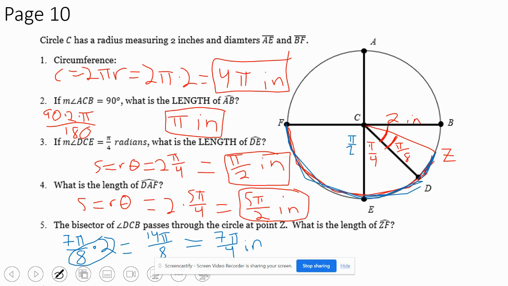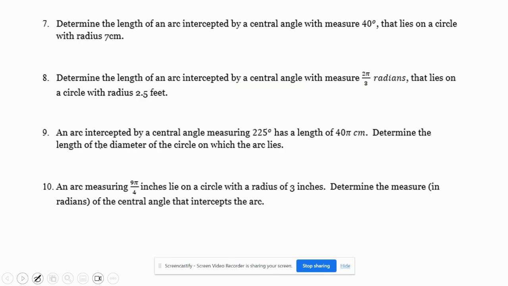Okay. So we're going to go on to a few more examples. We're not going to do all of them because this is getting a little long. These 7 and 8 are just finding arc lengths. We're going to skip to 9 because that's one that uses an arc length to find some other information. So you have an angle given in degrees and an arc length.